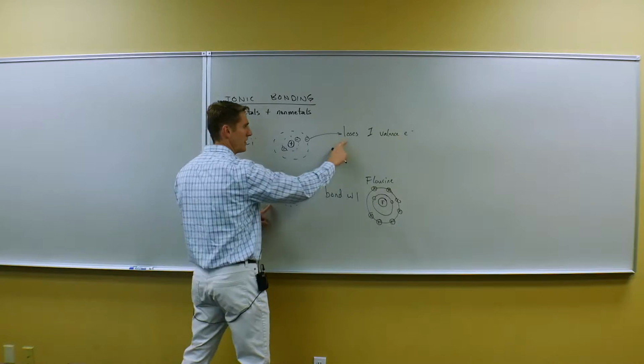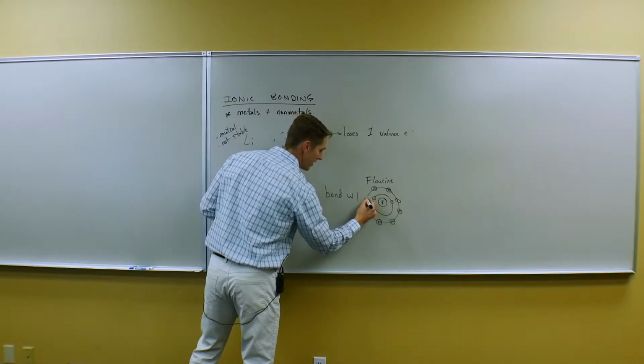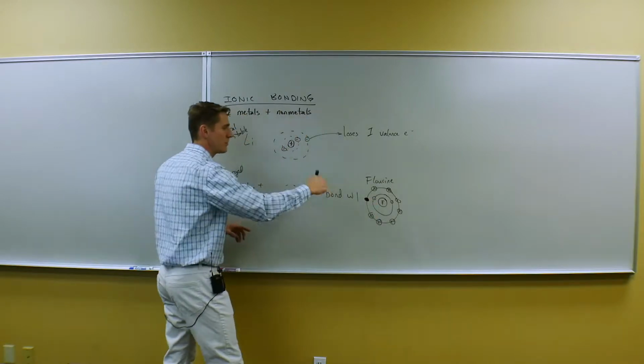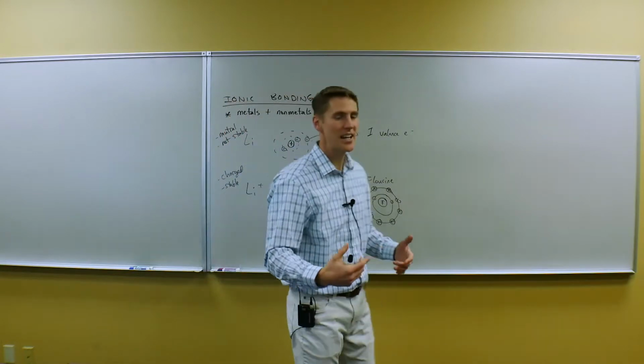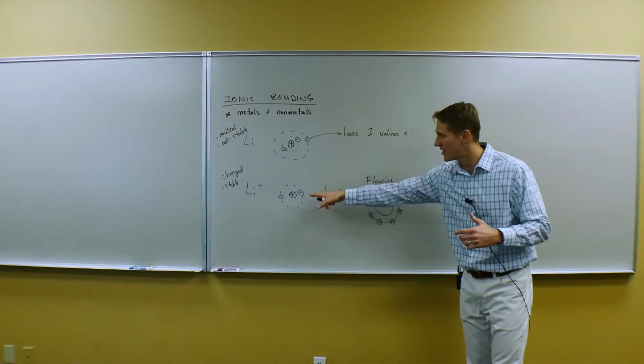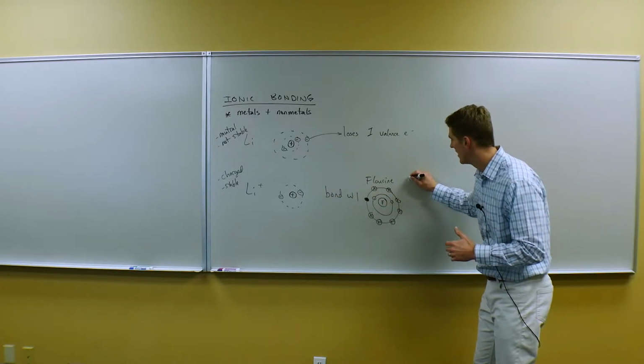So once that 1 valence electron lands here with fluorine, I'll darken that in, fluorine now becomes stable, but it's also charged. In this case, instead of being positively charged by losing an electron, fluorine becomes an ion.